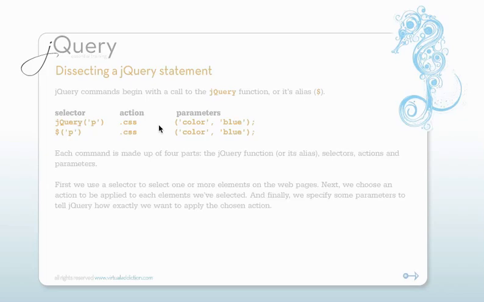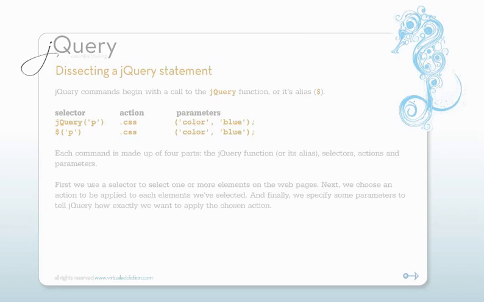The first one is using the full function, and then the second one is using the alias. So you can see here it says jQuery, and here it has the $. This section of the code is referred to as a selector. This is the action, and this part is the parameters. And when you see the code, it's not going to be all spaced out like this. I just spaced it out so we could dissect this and place it in selector, action, and parameters.